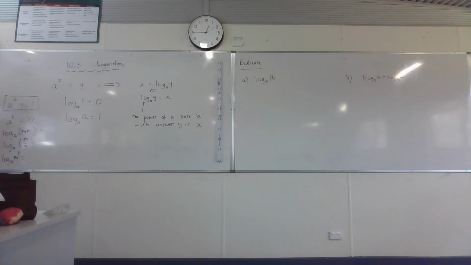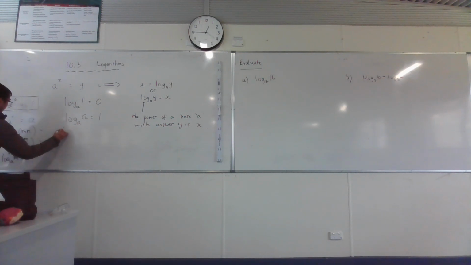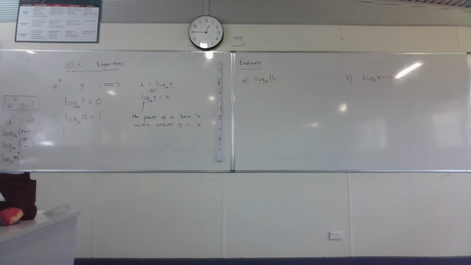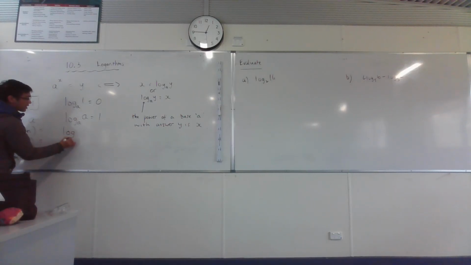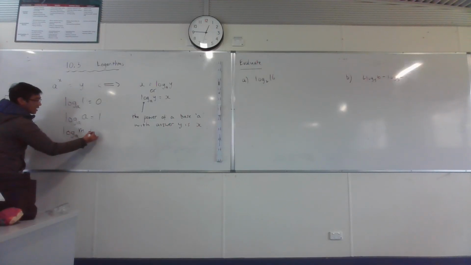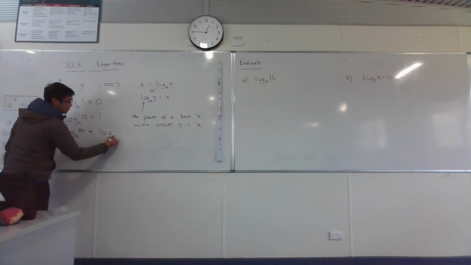Now, we come into these rules here. I'm not going to explain them. I don't know how to explain them, but just accept them. Okay? Does anyone remember these ones? Seen them? If you multiply two things together, we can add them separately.